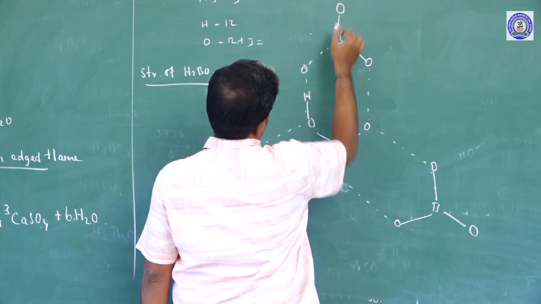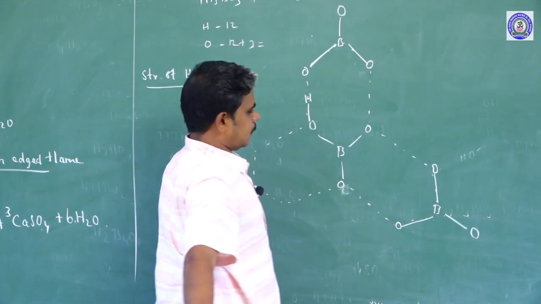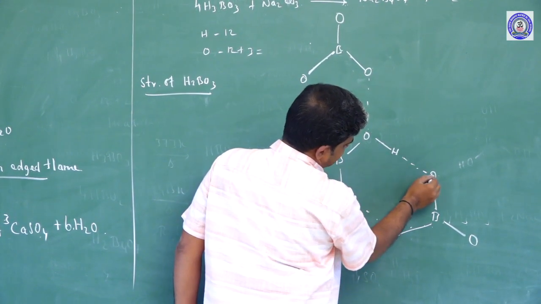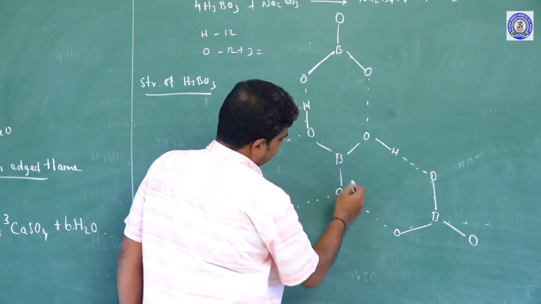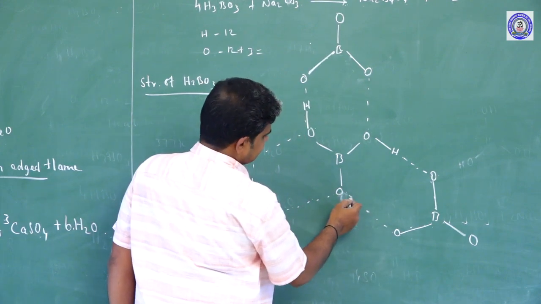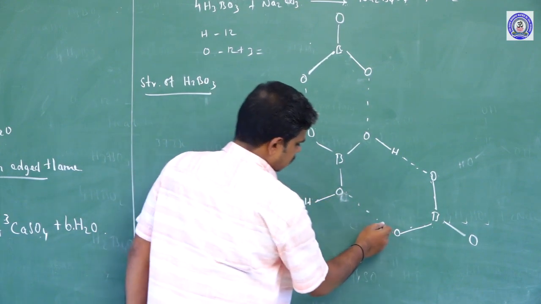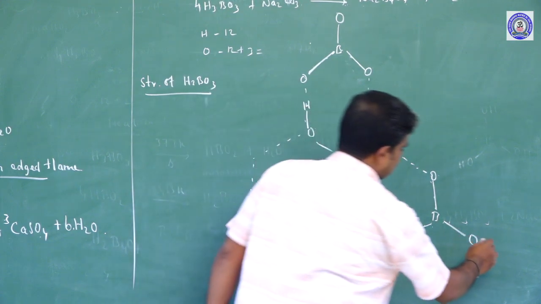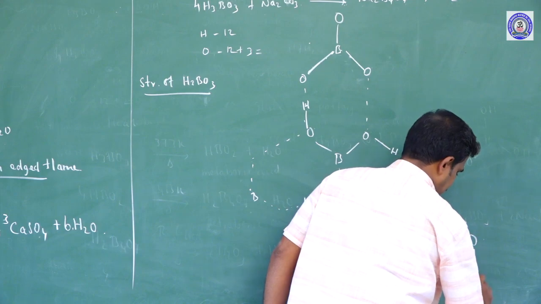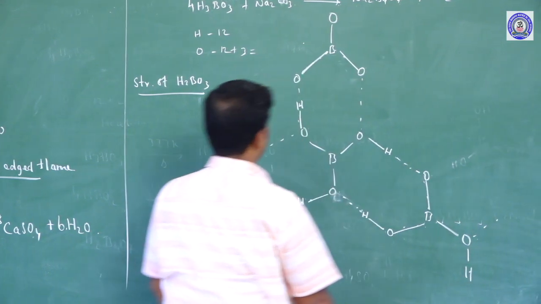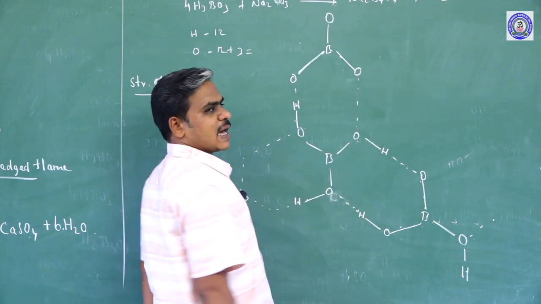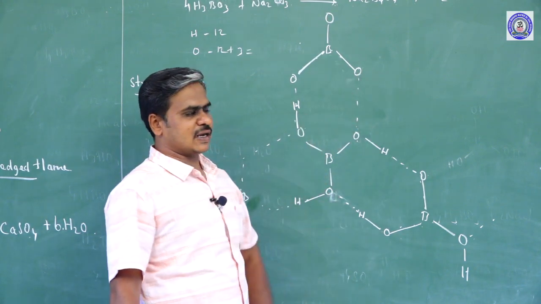So we draw it like this. Now here we take hydrogen, so hydrogen is bonded here, and here there is a hydrogen bond. Now in this, carbon and oxygen are not directly attached, so there will be a hydrogen bond.